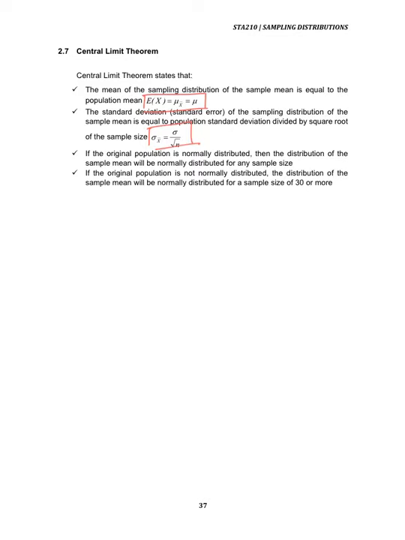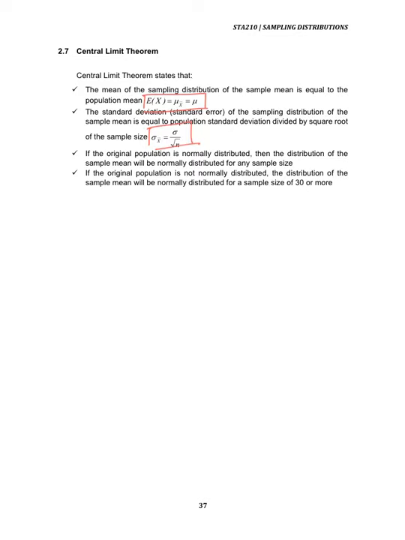So if we take samples from a non-normal population, but the sample size is more than 30, we will get a normal sampling distribution. Even though the parent population is not normal, the sample mean will be normal if our sample size is 30 or more.